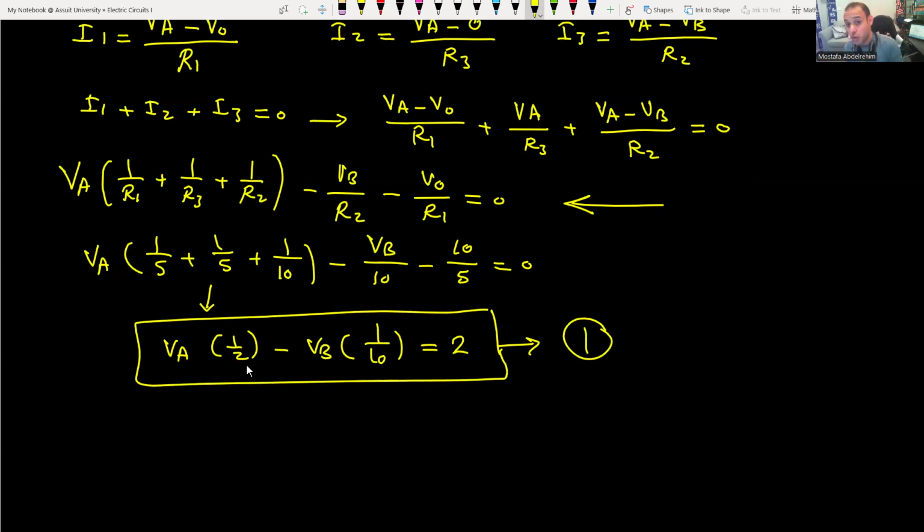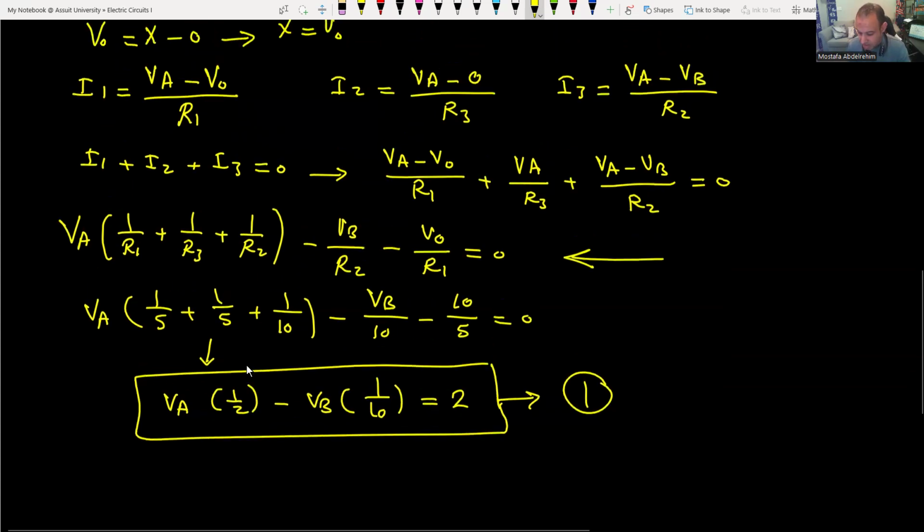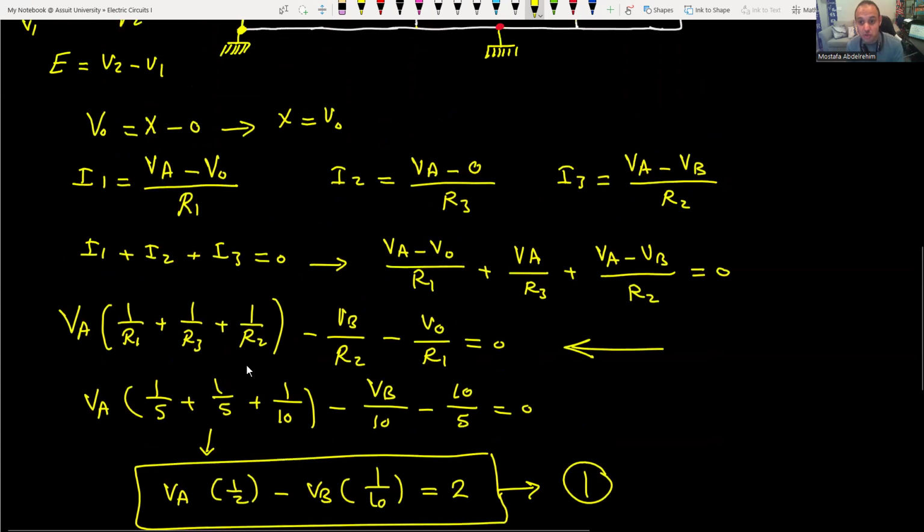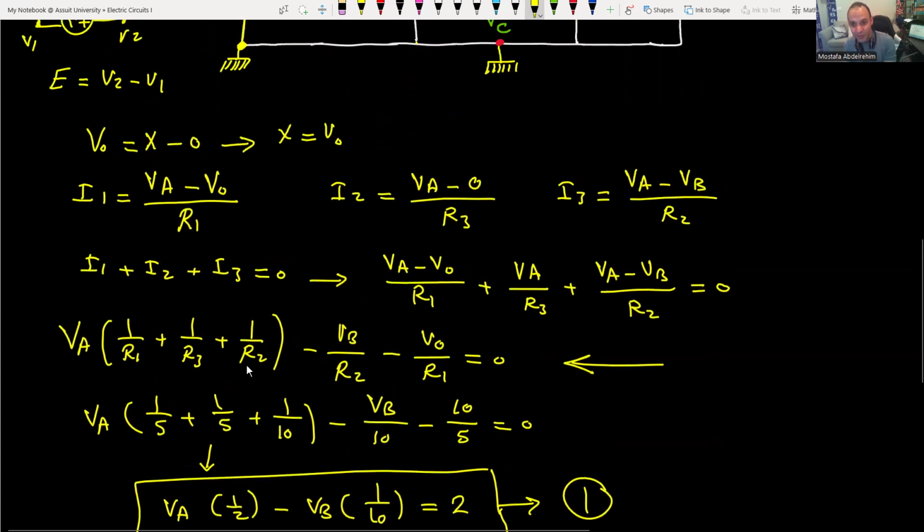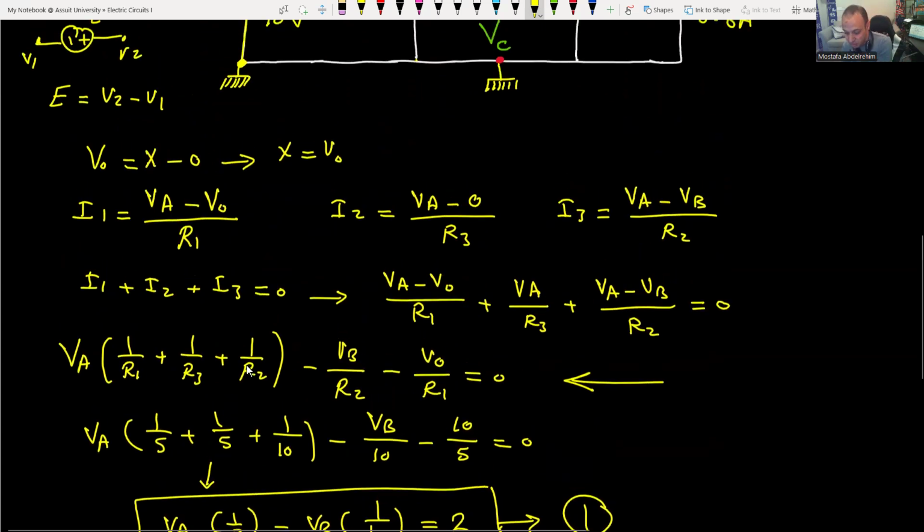Remember, we have two unknowns here: VA is unknown and VB is unknown. So we need at least two equations to be able to solve this system to get VA and VB. We have one now, so we need another one. The other one will come from applying Kirchhoff's current law at the next node, which is VB.